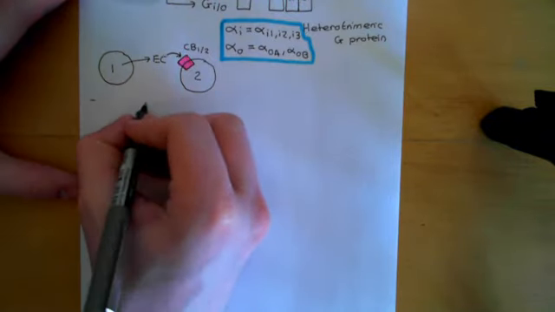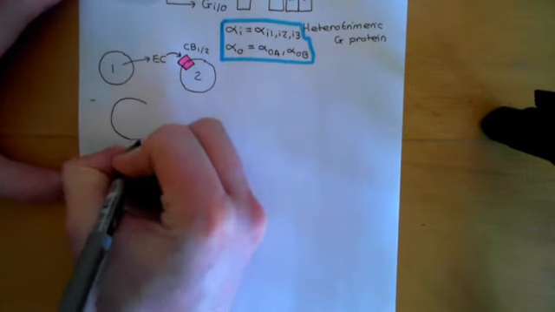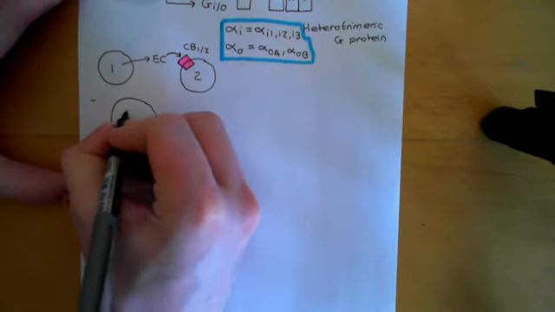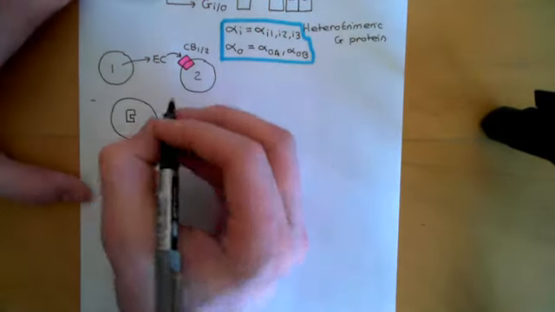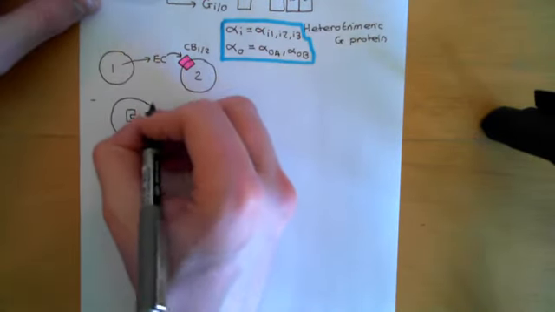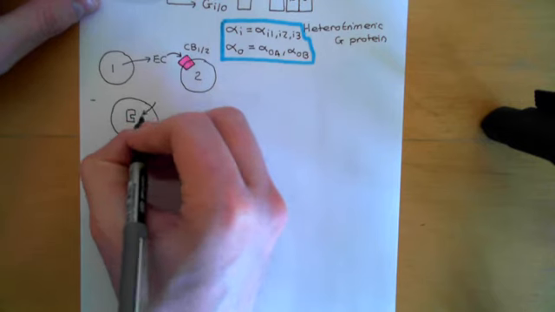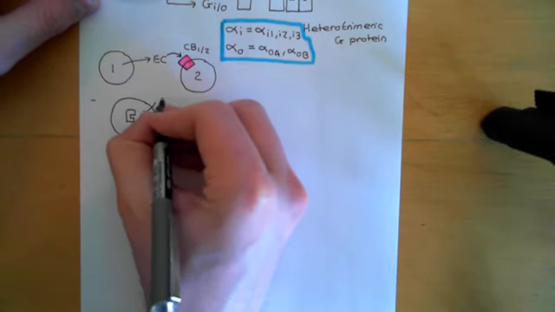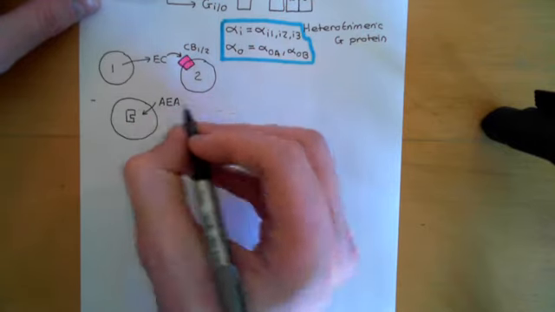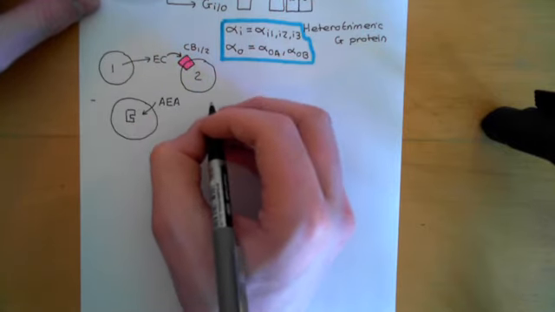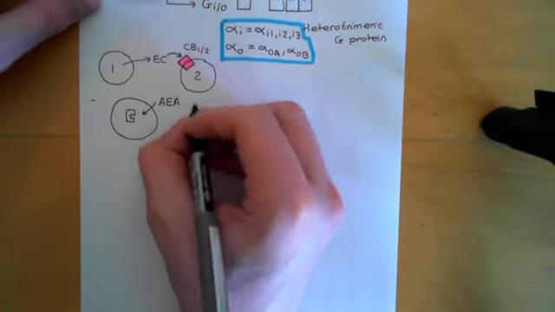Basically, the enzyme which breaks down anandamide is within the cytoplasm of the cell. So here it is within the cytoplasm of cells. If anandamide just happens to come into the cytoplasm, so here comes an anandamide molecule, an AEA molecule, this enzyme can break it down. So what is this enzyme?